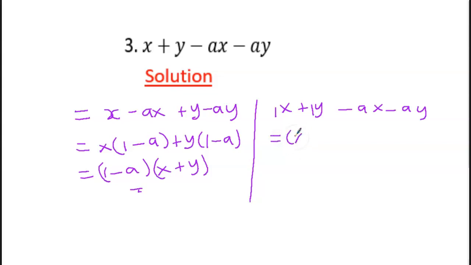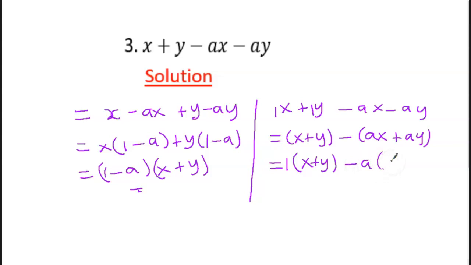So you have x plus y minus, you put this one together, ax plus ay. x plus y minus a times x plus y.